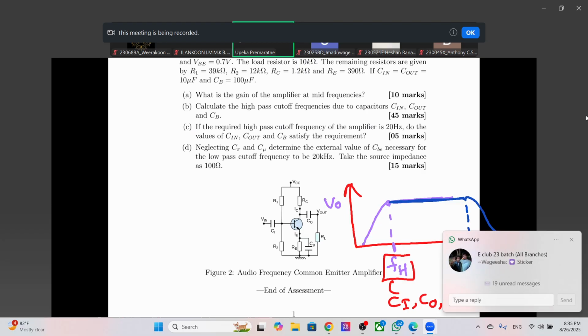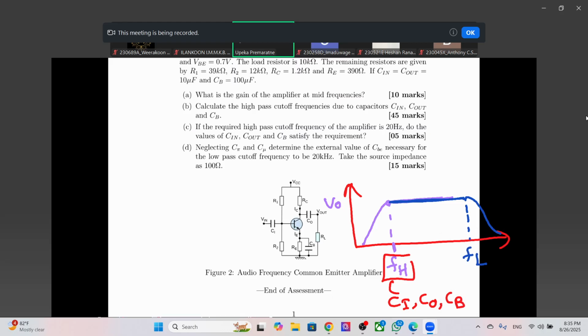So the blocking capacitors and the bypass capacitors make the amplifier act as a high pass filter, while the parasitic capacitances, C pi and C mu, will make the amplifier act as a low pass filter. Is that clear?